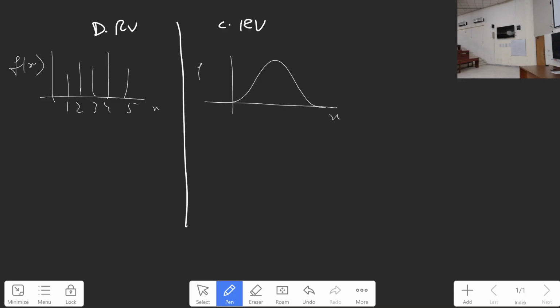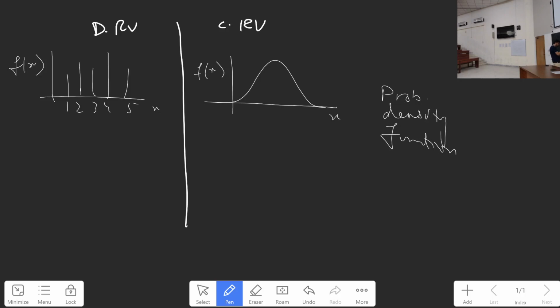This axis, the y-axis here, represents the probability density function. The only difference now is that mass has been replaced by density, because now you are spreading it over a continuous range, so density makes more sense.